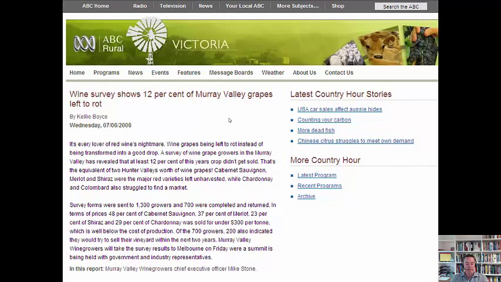And what it's got here is that back in 2006, 12% of the Murray Valley grapes were left to rot. So they were in a situation where the market price of wine was so low that it actually fell below the variable operating costs of the wineries.